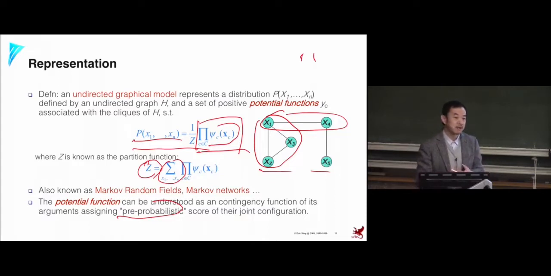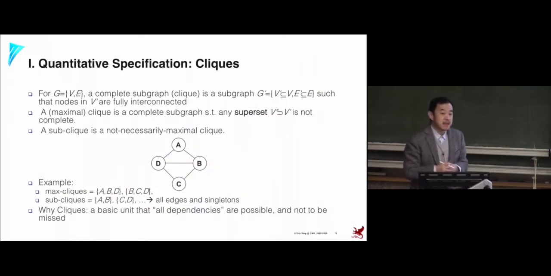It's more intuitive for humans to specify, rather than having to divide out numbers and make sure that everything sums to 1 and so forth. That's why the potential functions are pre-probabilistic scores, not probabilities themselves. In fact, it is impossible to make them probabilities themselves. I will give you a few counterexamples in a second.